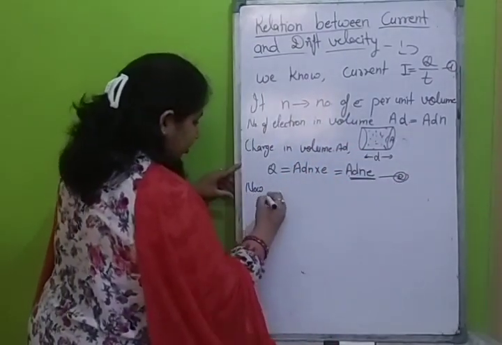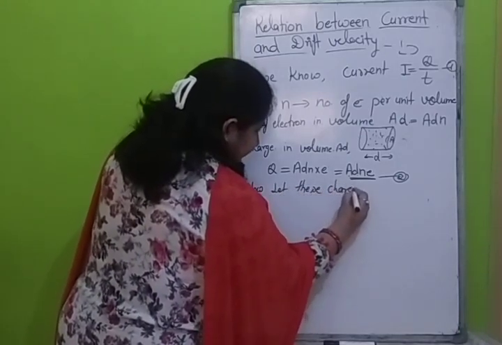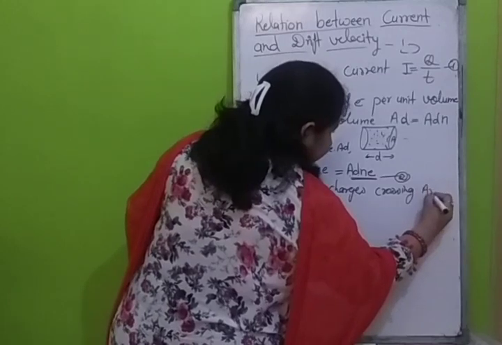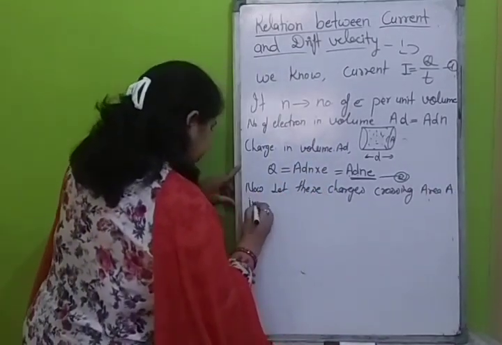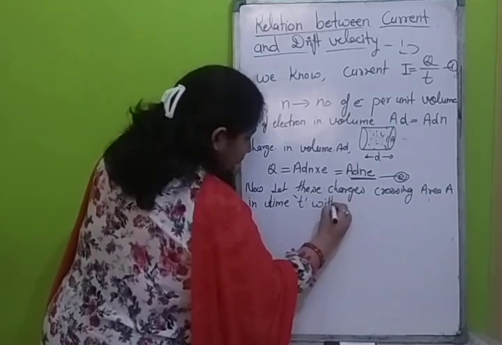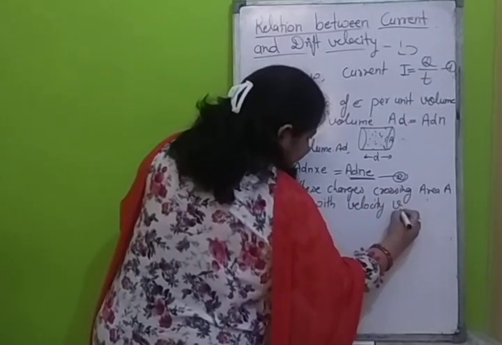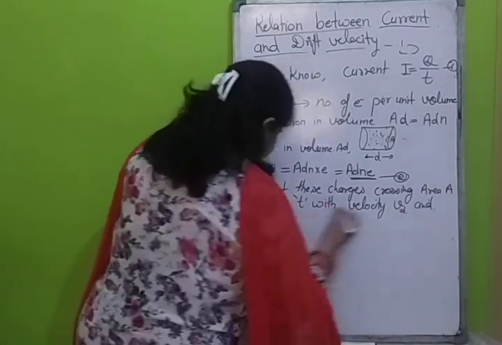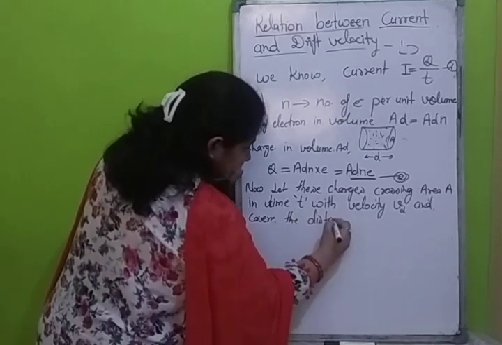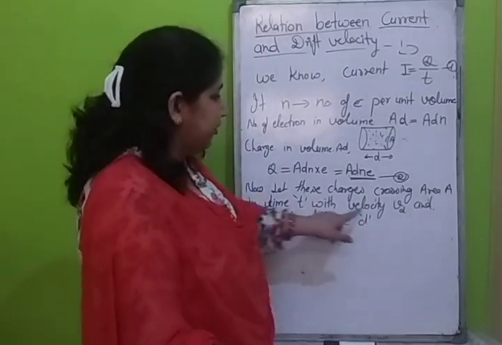Now, let these charges cross area A in time t with velocity Vd and cover the distance d. d distance is covered in t time with velocity Vd.